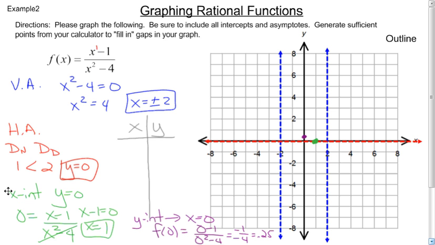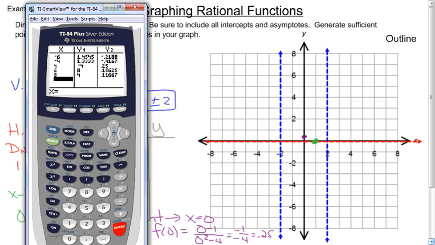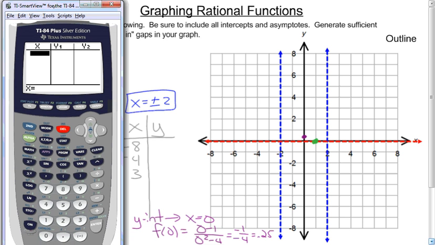I'll pick negative 8, negative 4, and negative 3. Okay? And I'll need to go to my calculator and do some deleting. Okay? Again, I need to look at y2 as I'm doing this, which I already have in my calculator.